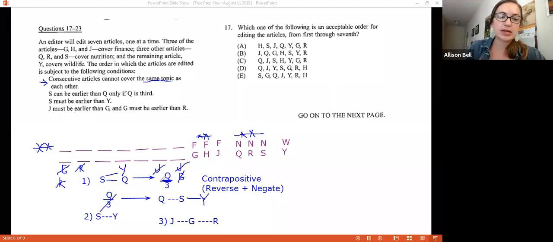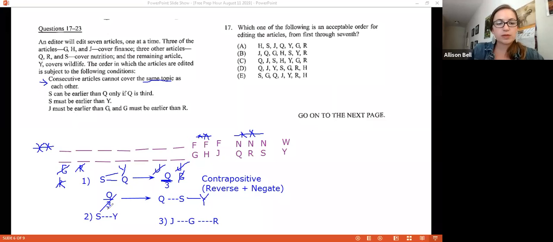So in this circumstance, Q is limited to 3 or Q is not in 3 is going to be a really powerful rule. Just knowing if it is in that one space or not is going to make a huge difference for the game. S is also very important, and the main reason for that is that it is in 2 different rules, including a very restrictive rule. So those are the 2 letters that I would keep my eyes on, Q and S.